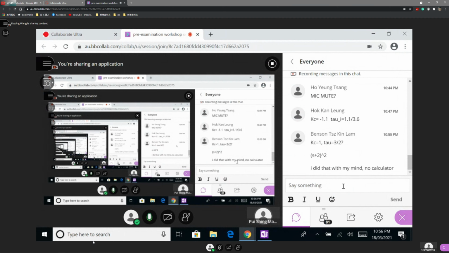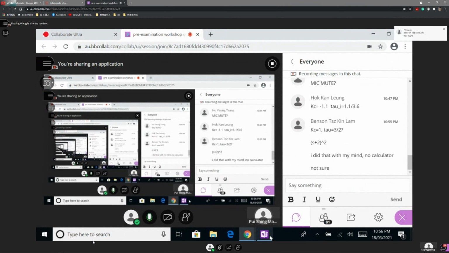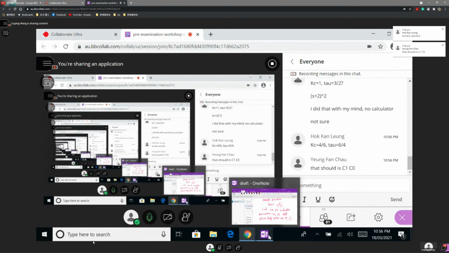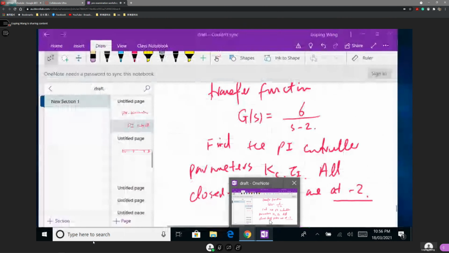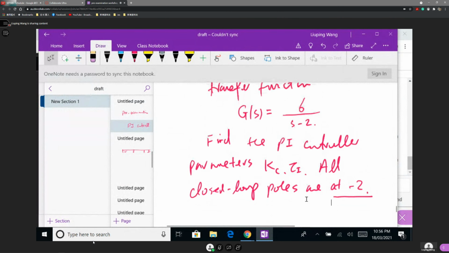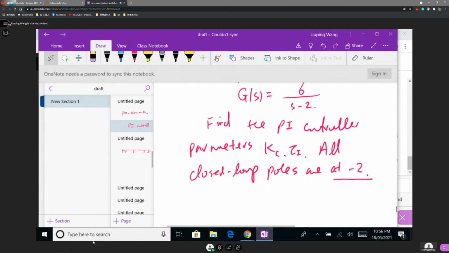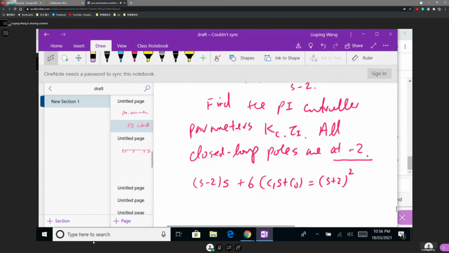Let's see someone else. C1, C0. Oh, okay, very good. So I'm going to solve for the denominator s minus 2, multiplied by s, plus 6 C1 s plus C0, equal to (s plus 2) squared.